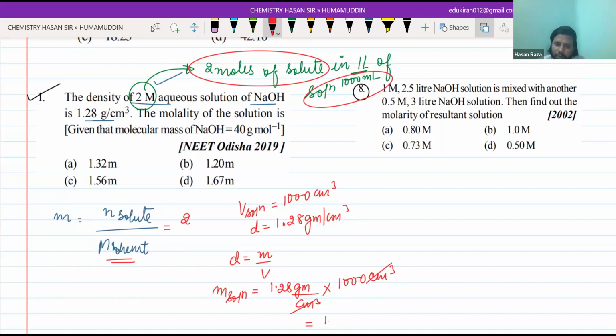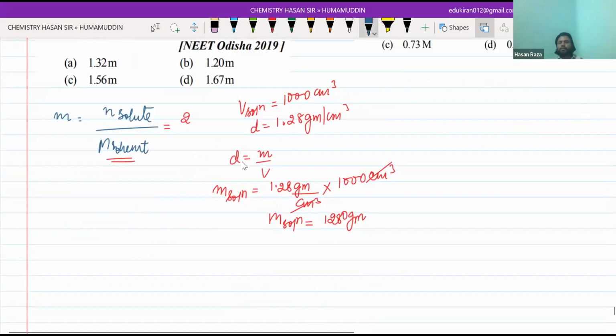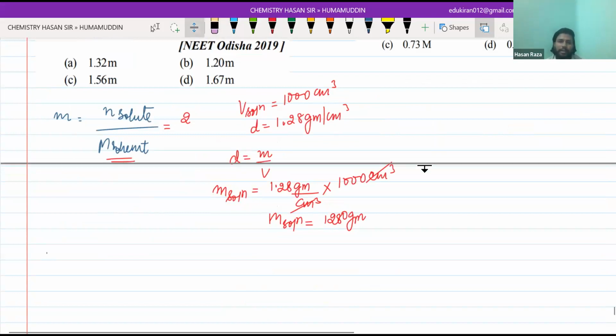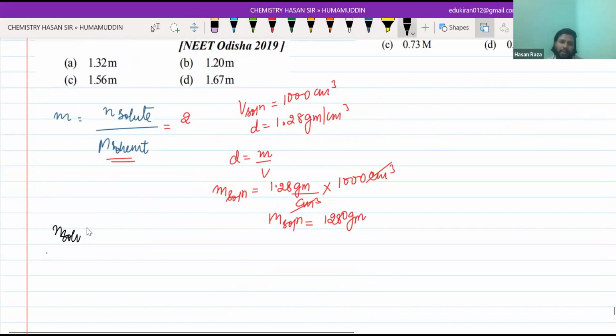After solving it, you will get the mass of solution as 1280 gram, but we need the mass of solvent. How are we going to calculate it? You know that mass of solvent will be equal to mass of solution minus mass of solute. You can easily calculate the mass of solute, since the number of moles of solute is given.